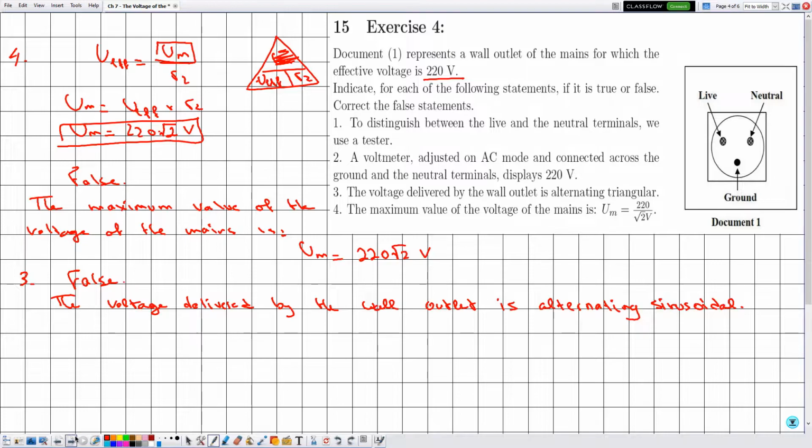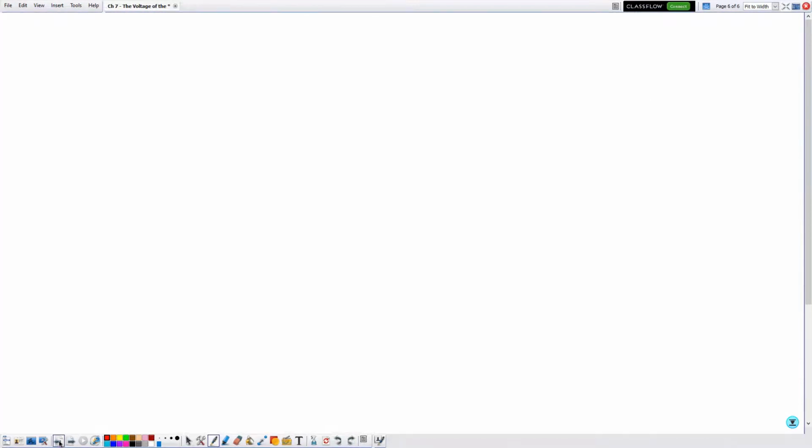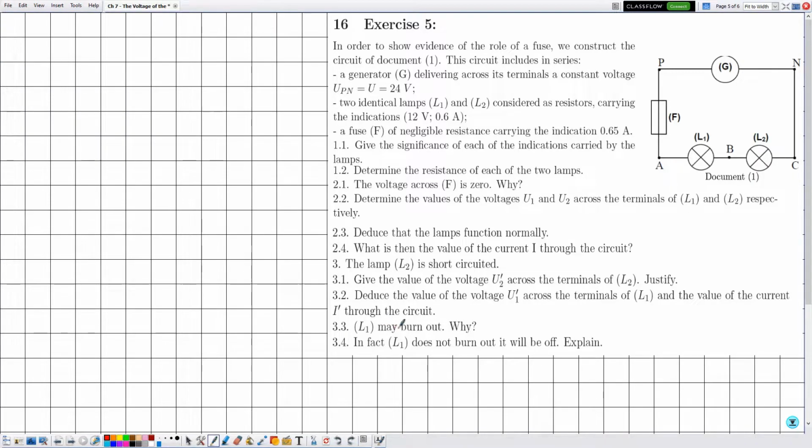So this is it for exercise number 4. Now exercise number 5, which is the last exercise in this video. So in order to show evidence of the role of a fuse, we construct the circuit of document 1.